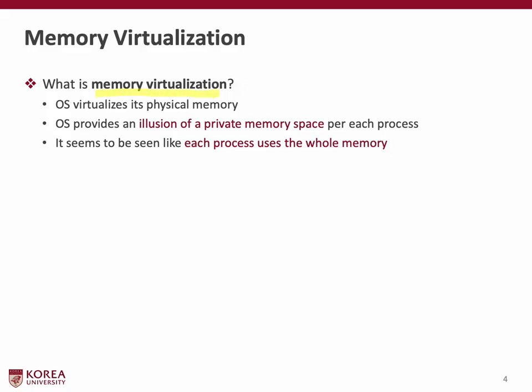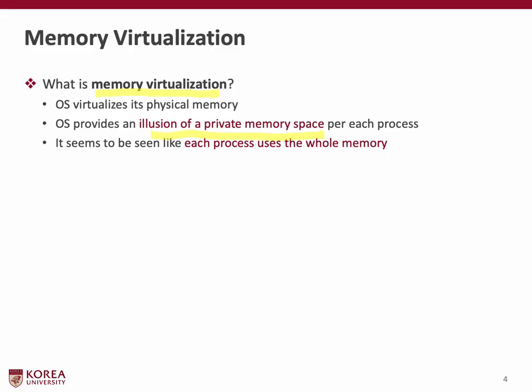Usually in most modern computer systems, there is only one physical memory space, but there can be multiple processes running at the same time while sharing the physical memory space. In this case, the operating system wants to provide an illusion that each process has its own separate memory space.